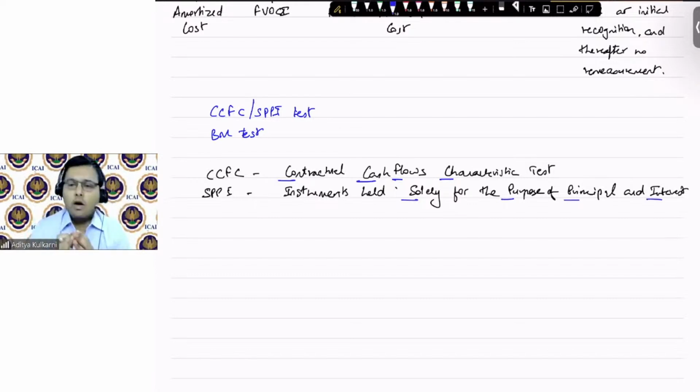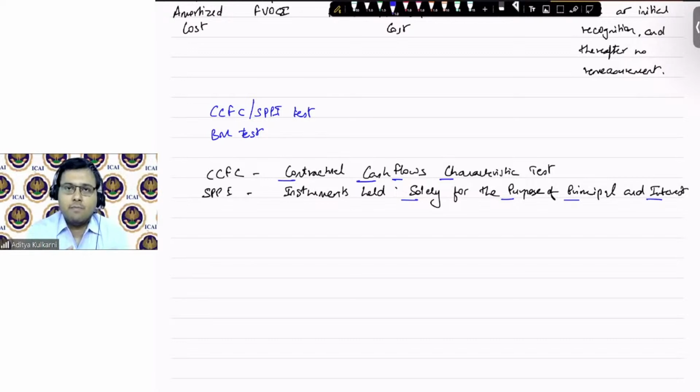So what does it mean? See, when you enter into a contract, you have a financial asset. You are now having a contract which is a financial asset for you. So the first question that the entity has to ask is what is the purpose behind holding this financial asset?